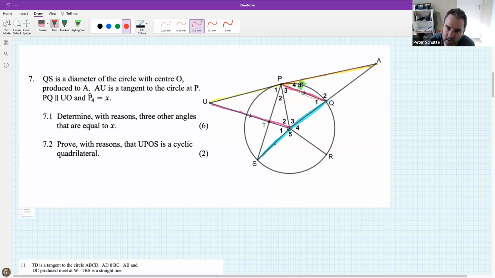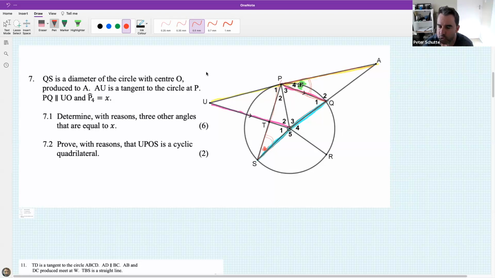Remember this is a straight one. I was thinking the P4 and S could be involved. I know that this thing is a bit off, but basically it's the tan chord theorem. So this one equal to that one.